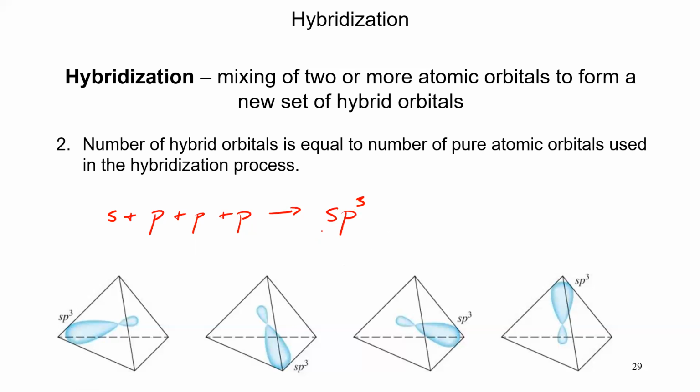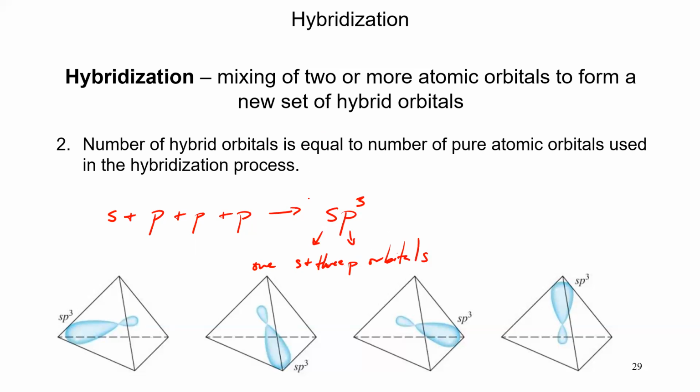And so that's 1 s and 3 p orbitals. I'm going to use words instead of numbers again, just so you don't think I'm talking about shells. It's a single s orbital and 3 p orbitals that we hybridize together to get these new sp3 orbitals. And so we get 4 of them.